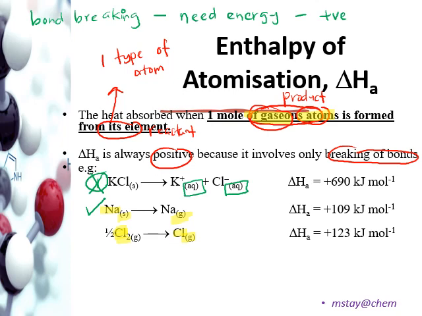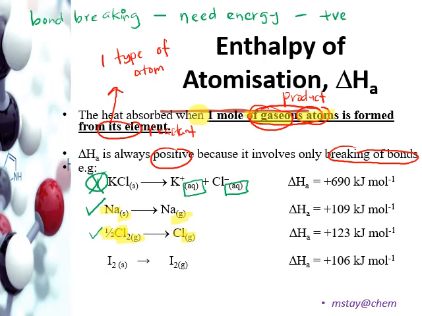But you will notice that in this equation it is not balanced if you write Cl2 produces Cl. Because we need the product to be 1 mole of Cl, we are going to balance this equation using 1/2. Therefore, the third equation also obeys the definition of enthalpy of atomization.